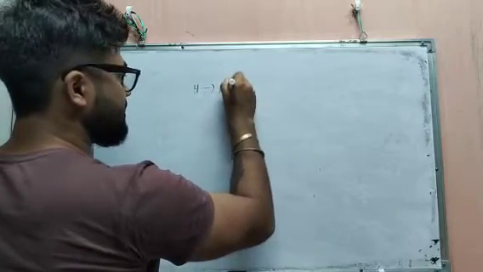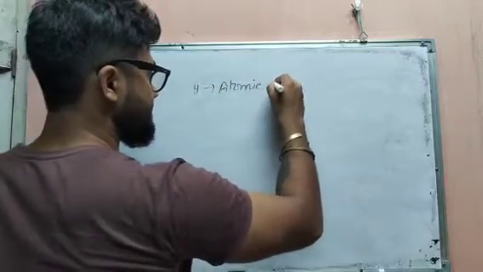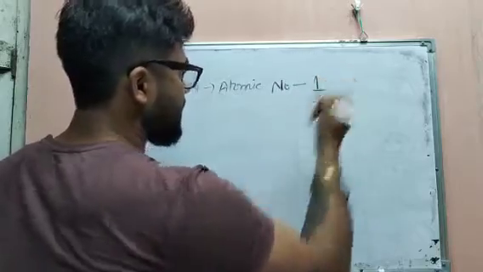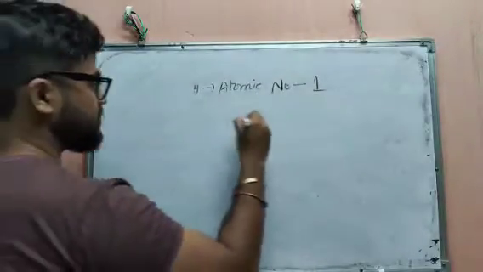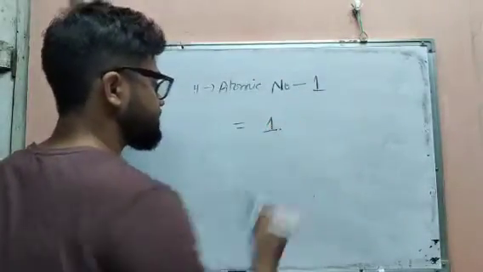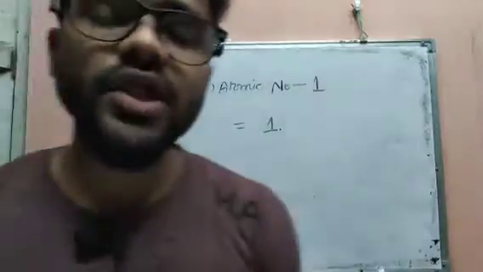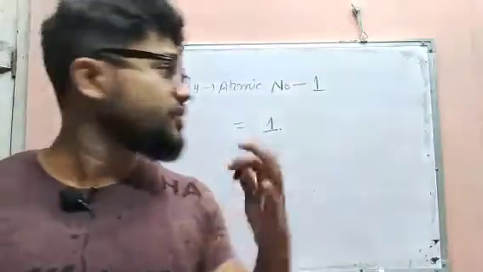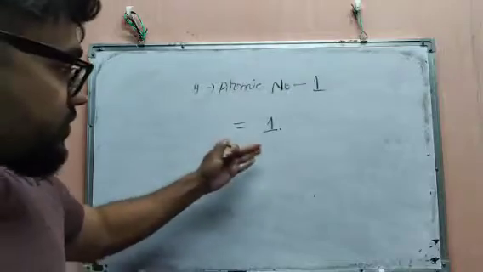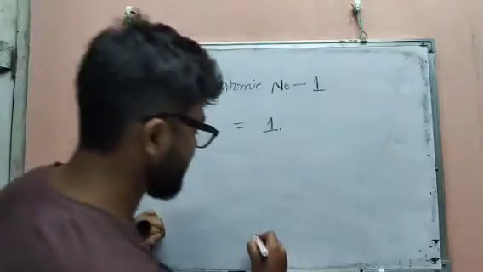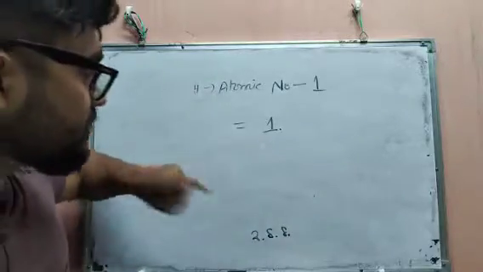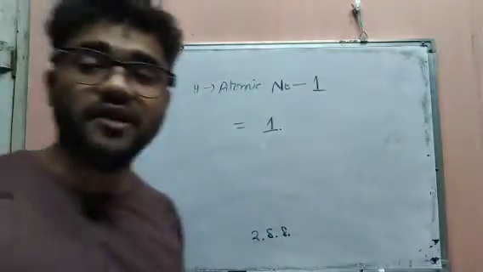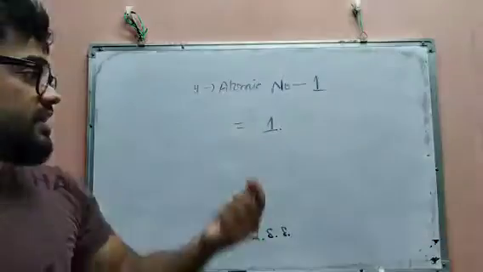Hydrogen atomic number is 1. That means the electronic configuration will be only 1. Now you can ask me, sir, you have told us that the electronic configuration is always like that, 2, 8, 8. As there is 1 electron, hydrogen will try to get another electron from another atom.